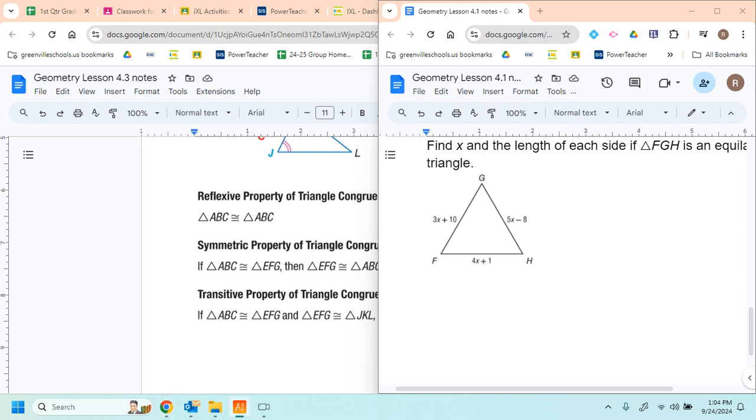So x is equal to 36. So y is equal to 48 and x is equal to 36 degrees.